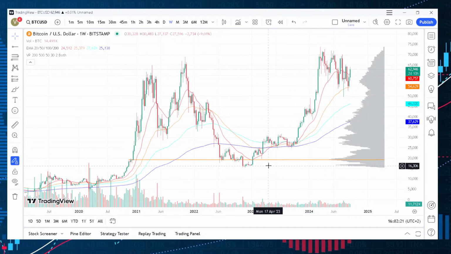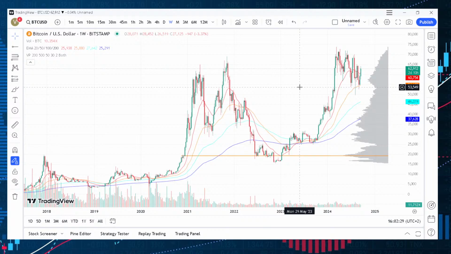So dynamic support has been proven here to be, of course, higher and higher. So in the long term, it is still pretty strong, even though people are seeing pretty tough losses, right?